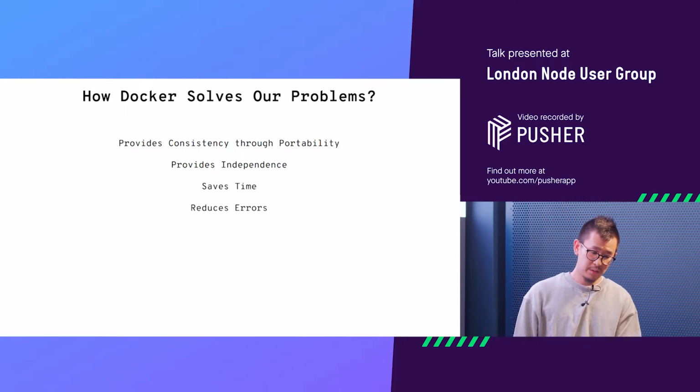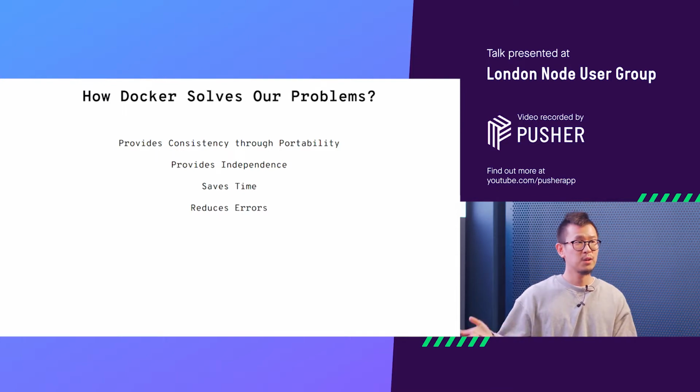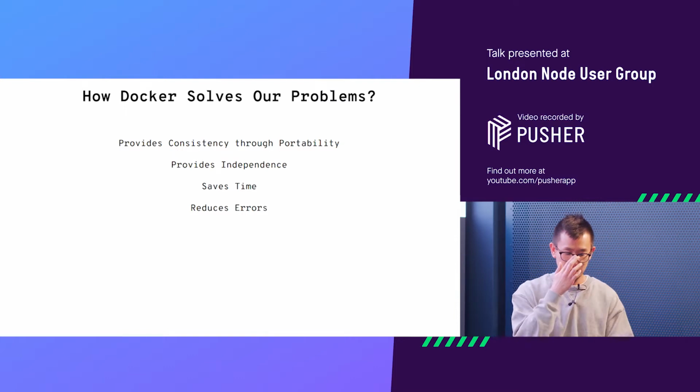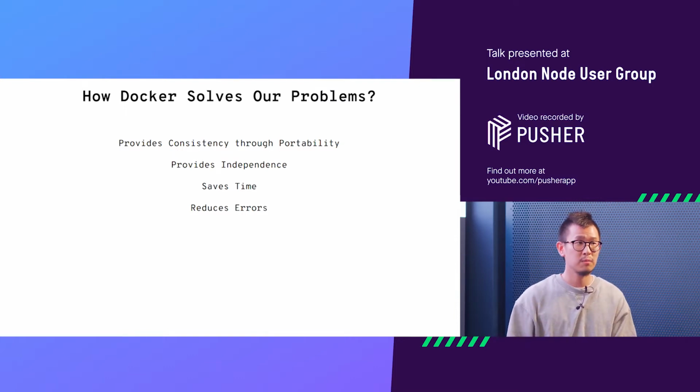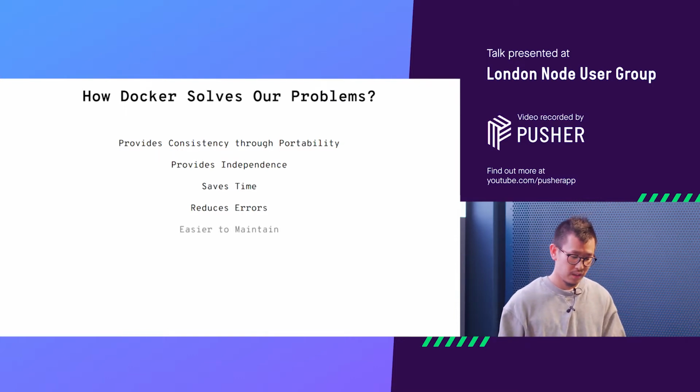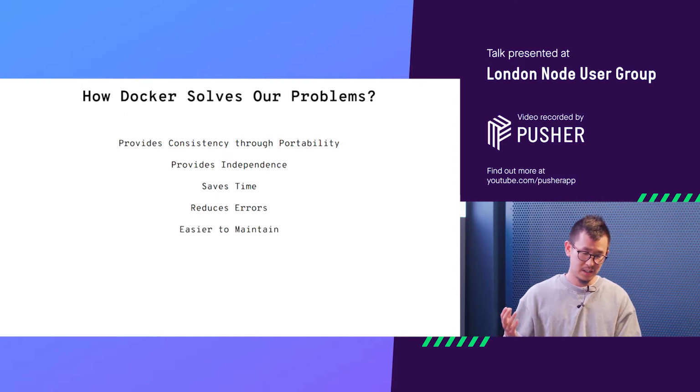It saves time and it reduces error because I take the human side out of it. All I have to do is docker build, docker run. So all the logic of the deployment is specified in the code. It's easier to maintain. Editing a Dockerfile is much easier than going into every single server and running the upgrade.